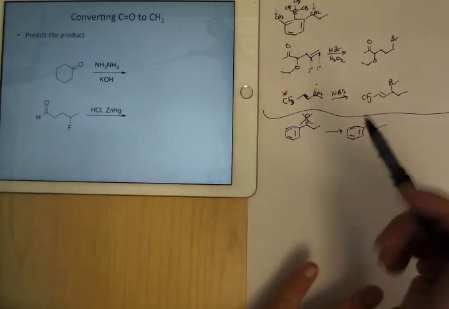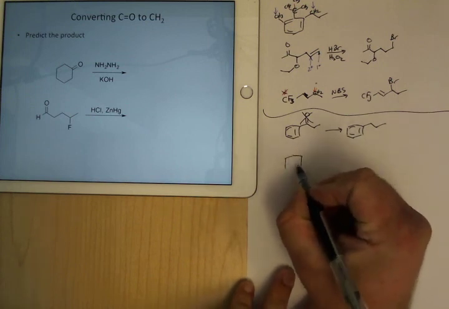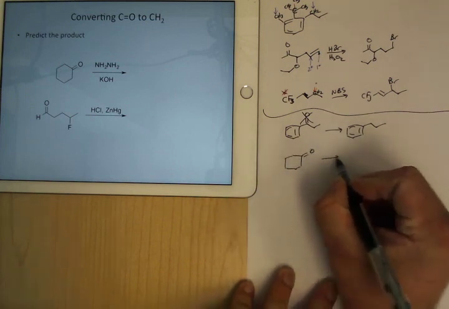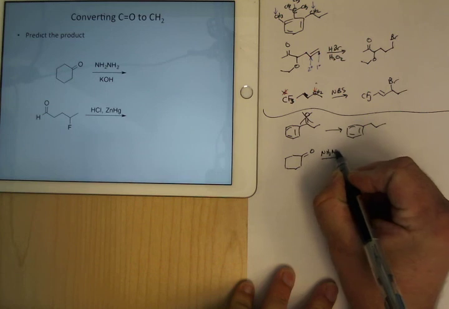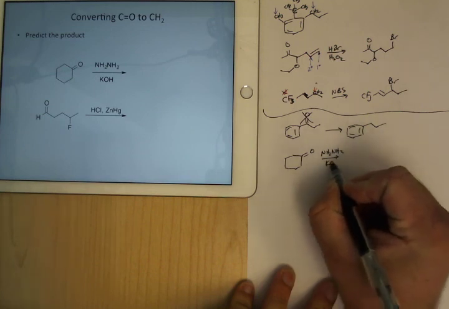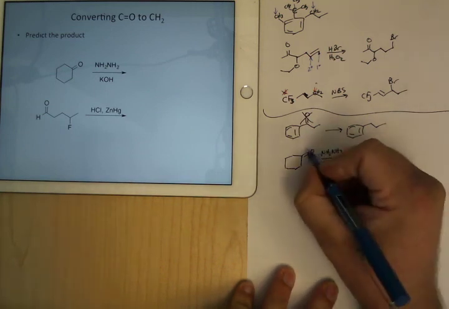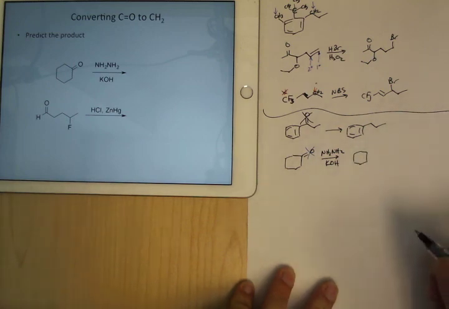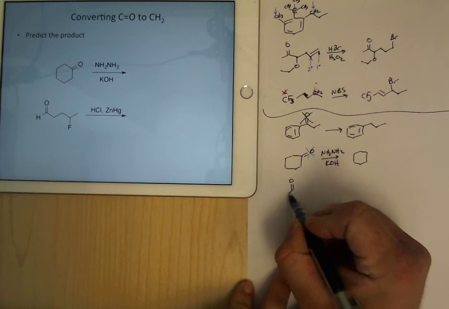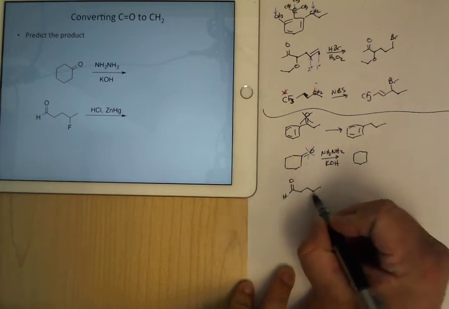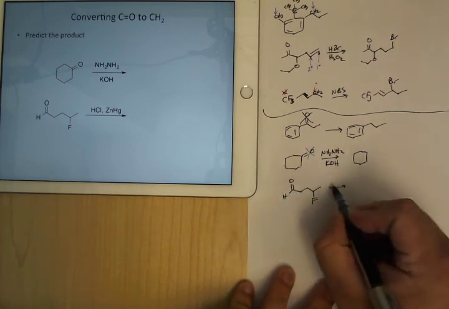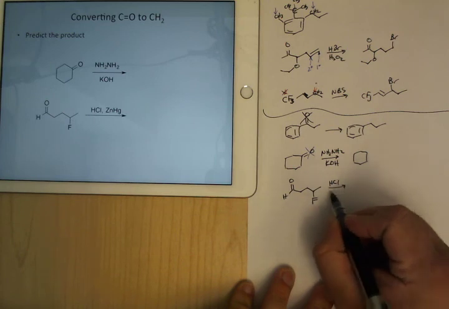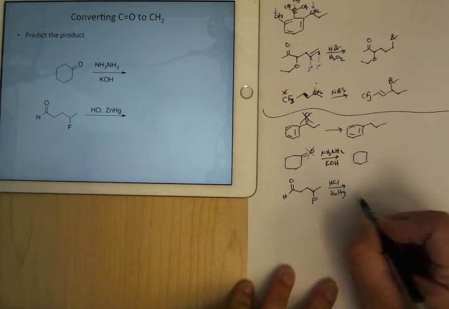And so here we go. If we have cyclohexanone, we do hydrazine and KOH. We're going to just knock that out, and it ends up as just cyclohexane. Same thing with this one, with HCl and zinc mercury amalgam.